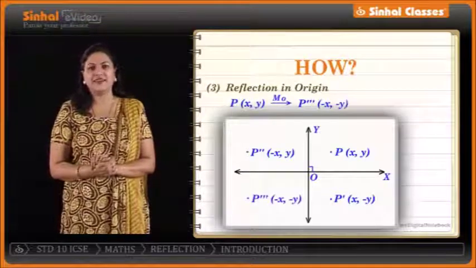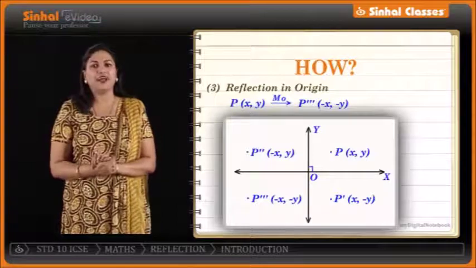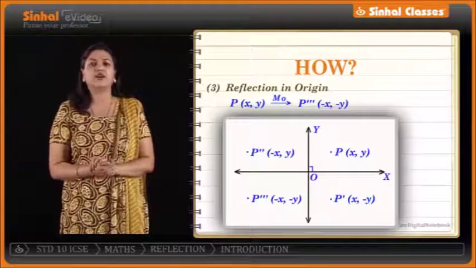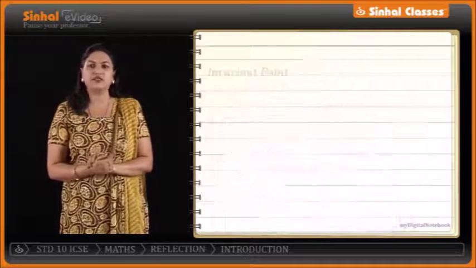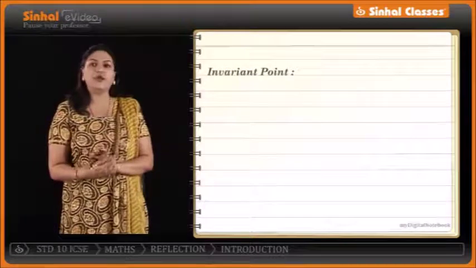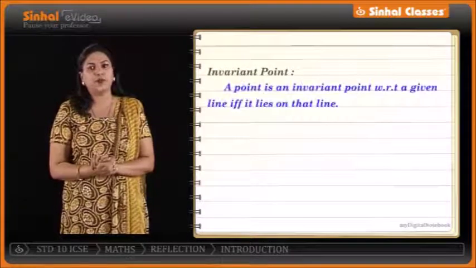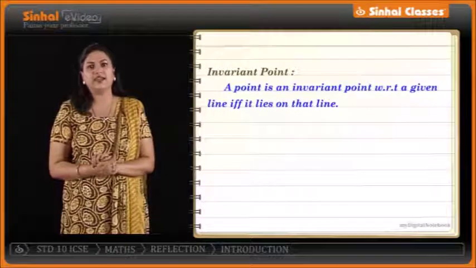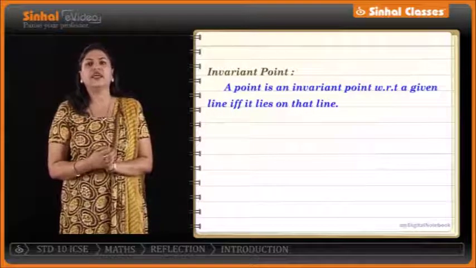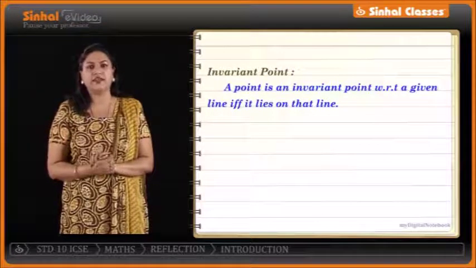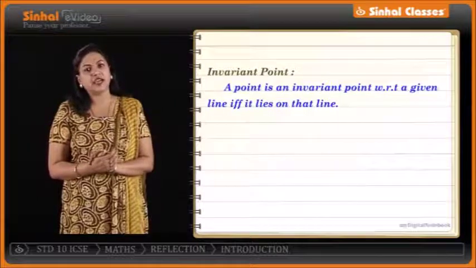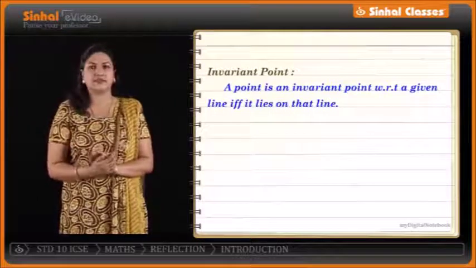Now before moving ahead, let's understand the concept of invariant points. Now a point is an invariant point with respect to a line if and only if it lies on the line. For example, we take a point on the x-axis.